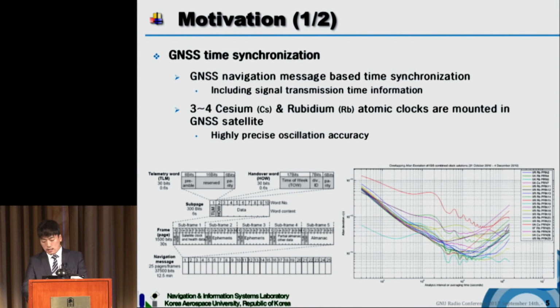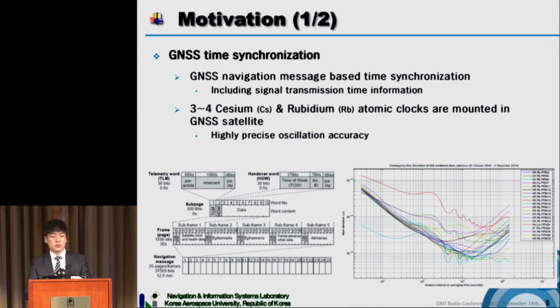Next is how time synchronization is performed in GNSS. First, GNSS satellites transmit a navigation message, including the signal transmission time information. And then, the GNSS receiver receives this navigation message from the GNSS satellite and synchronizes to the GNSS time by decoding the navigation message.